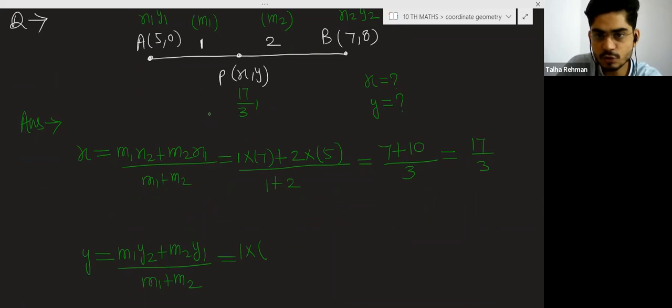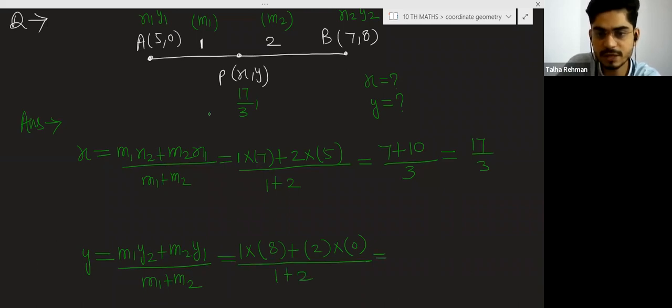Now you will take y2, which is 8. Now you will take m2, that is 2, and y1, which is 0. And in the denominator you will write m1 plus m2.